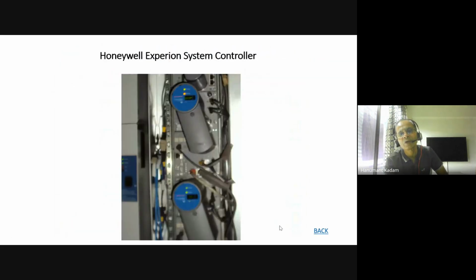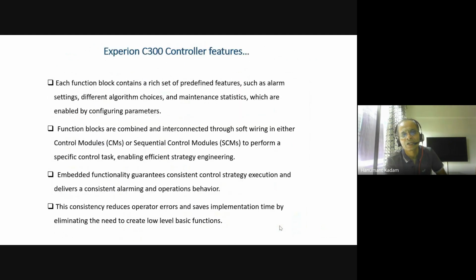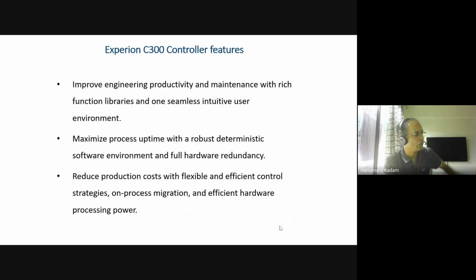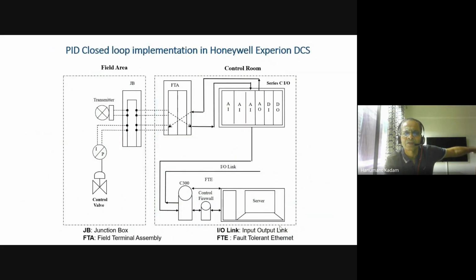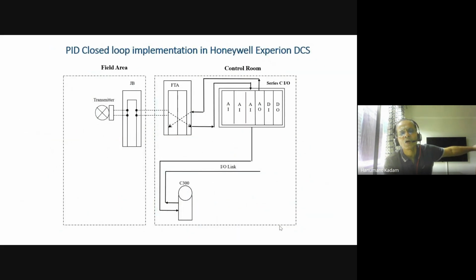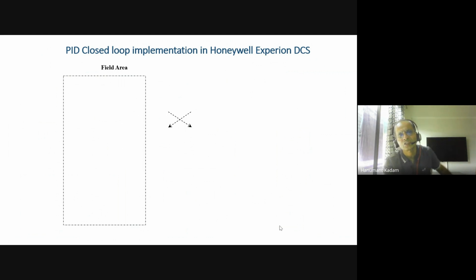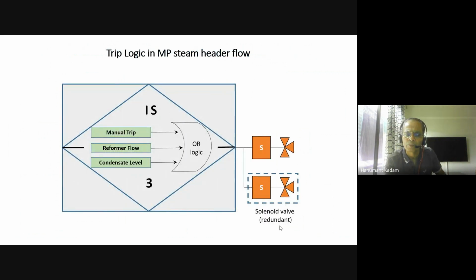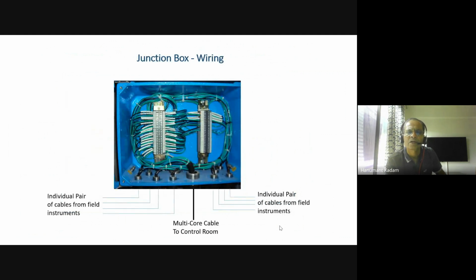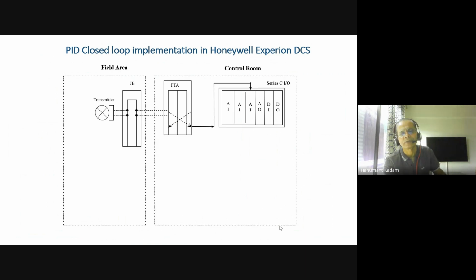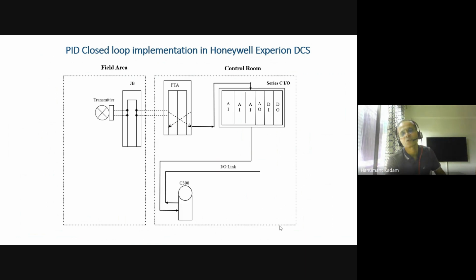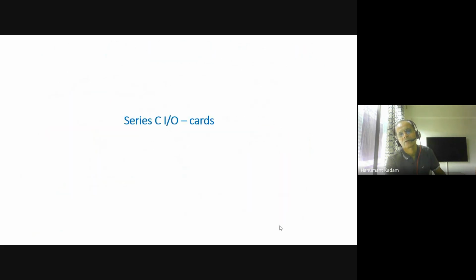That is what you have to learn in Honeywell programming. Take any PID loop implementation, for example this loop: how it is implemented software-wise in the server, that we have to learn now.